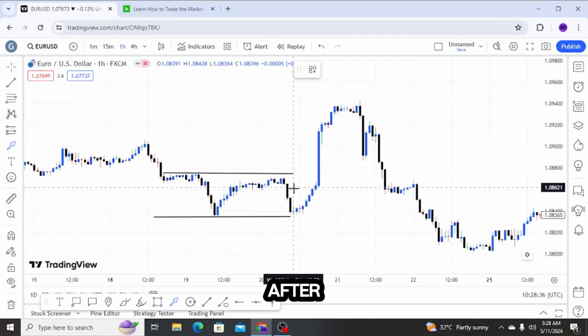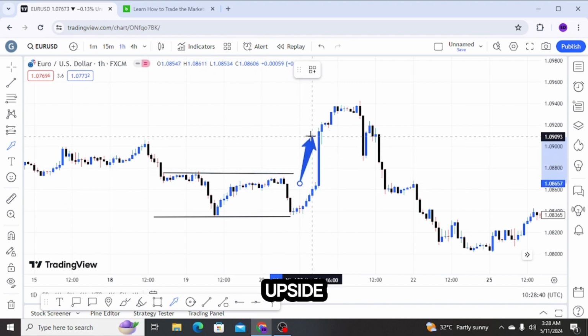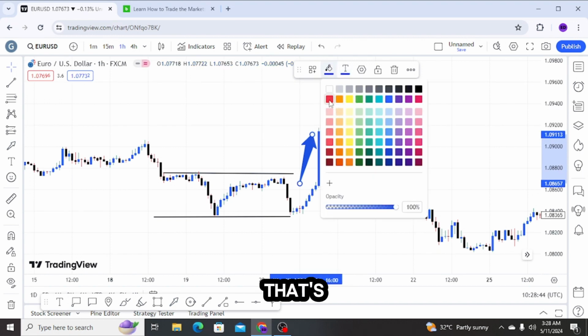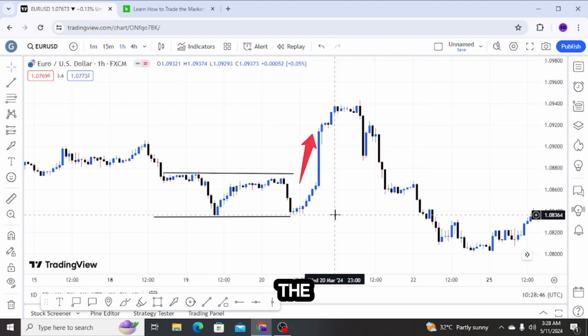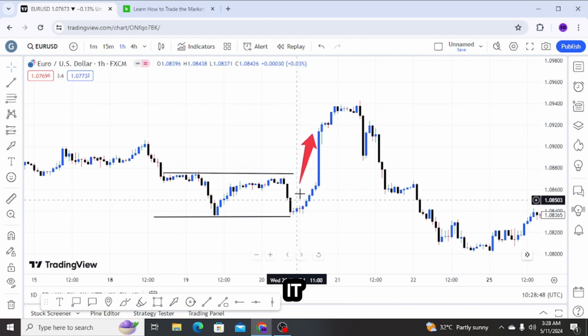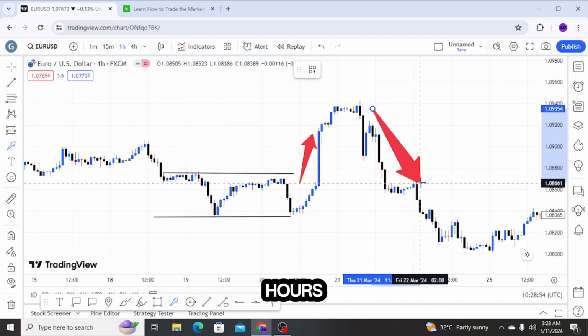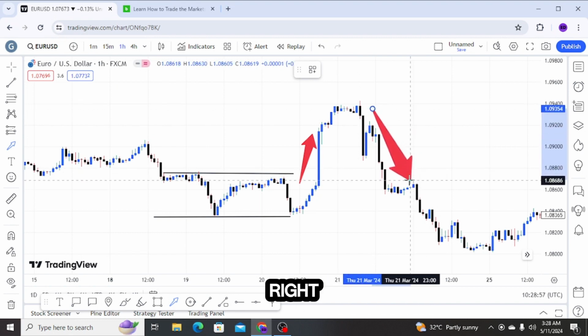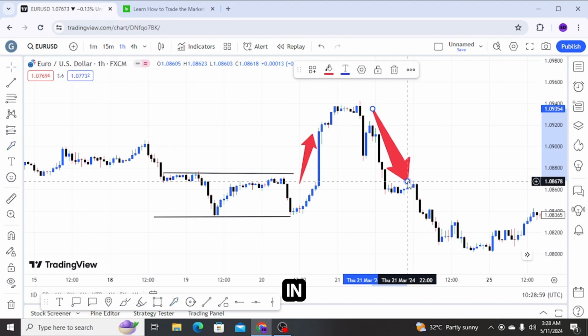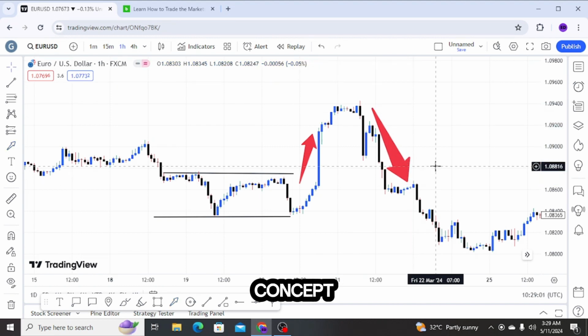You can see that after this particular range, the market delivers liquidity to the upside this way, it delivers liquidity to the upside that way. That's how you know that the market is expanding, whether it goes up this way or down this way. These two things are what expansion is in the concept I'm showing you.